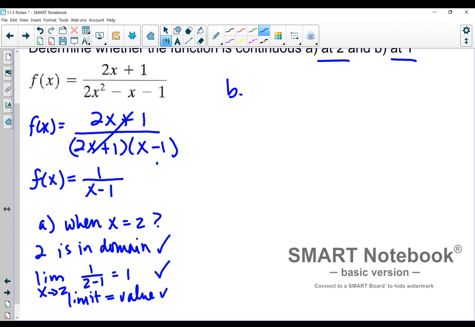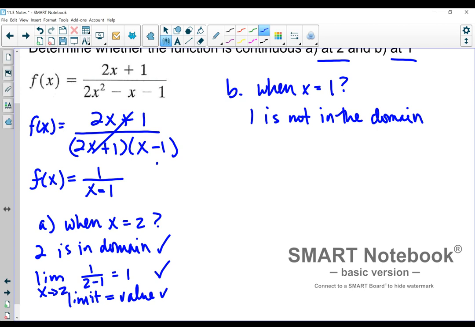So how about when x equals 1? What I noticed right away is 1 minus 1 would be bad in the denominator. So 1 is not in the domain. So we don't have to check any farther. I don't care about the limit.